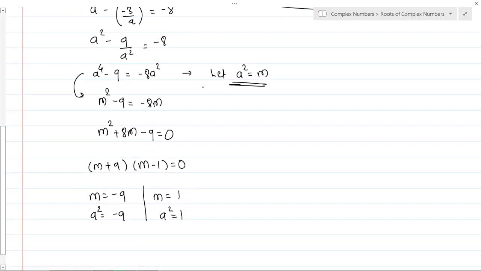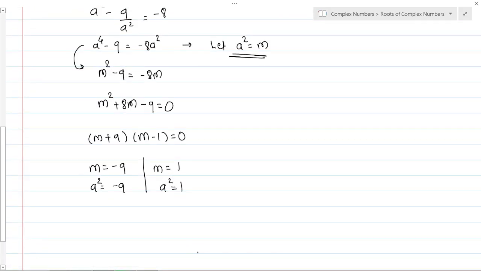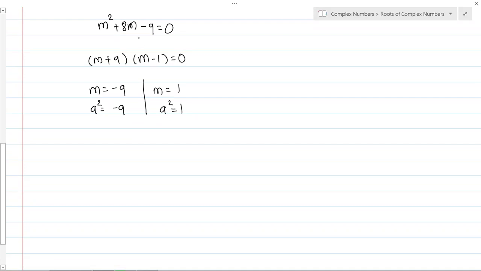So always remember a and b are real numbers. So definitely you cannot have a square equals minus 9. This is totally wrong. So the value of a square is 1, so a equals either 1 or a equals minus 1.